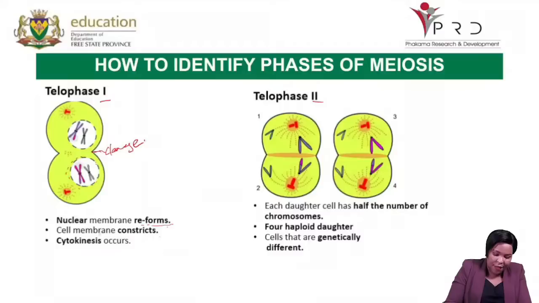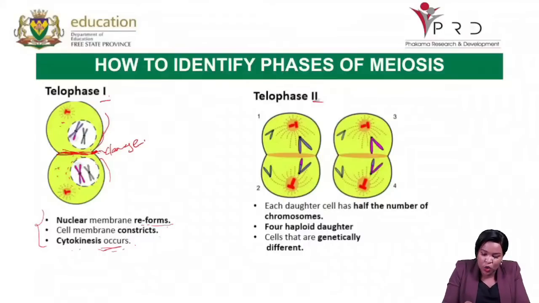So this is the constriction of the cell membrane. You see it's coming this way, coming that way. That is the constriction. Cytokinesis occurs. The separation or the division of the cytoplasm. Remember, this is the cytoplasm of the cell. It's going to split. So you know that all of these tell me that this is telophase 1.